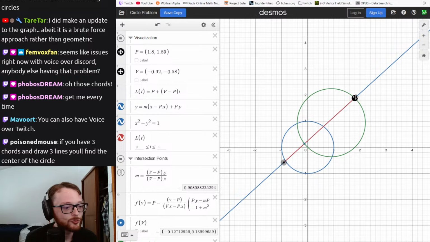If you have 3 chords and draw 3 lines, you'll find the center of the circle.